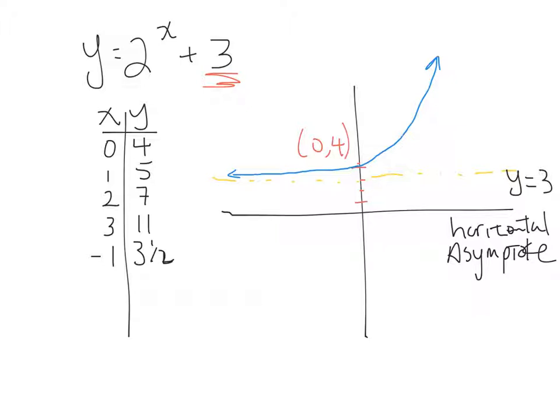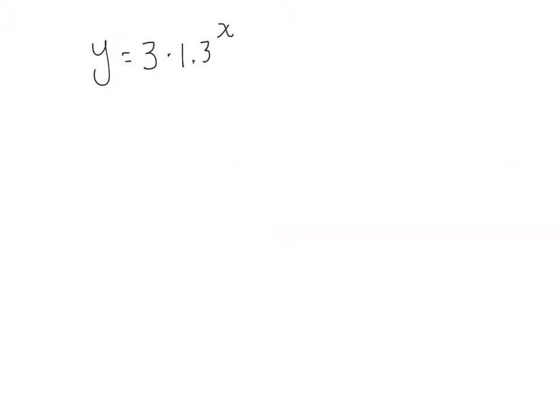Let's take a look at a couple more variations on subsequent slides. So here's another exponential function, and this one has a equaling 3, so this is a right here, and we have a smaller base. Instead of e, we have 1.3 being raised to the xth power.